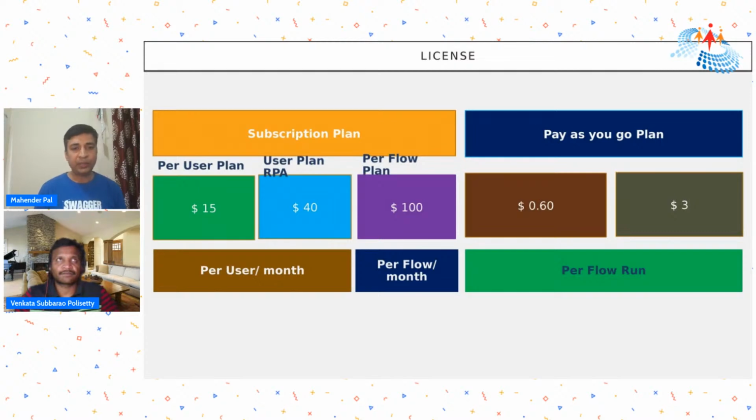And if you want to utilize RPA, the Power Automate desktop, you need to go for the $40 plan. This includes all the capabilities of the base plan as well as the RPA. This will be unattended RPA, sorry, attended RPA. So you need to pay $40. The third one is the per flow plan.